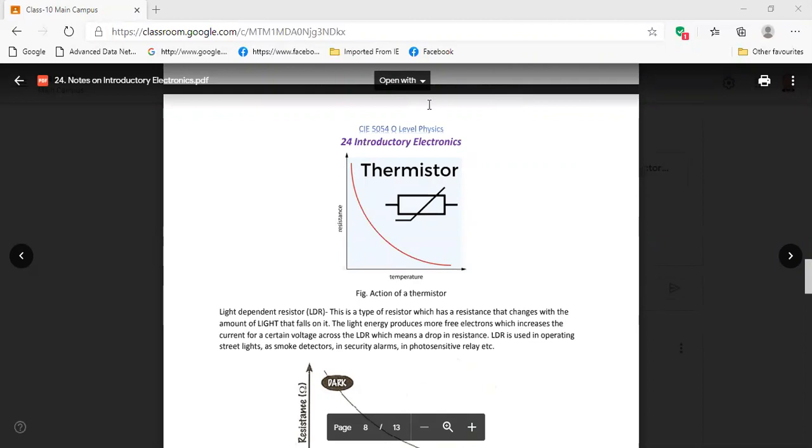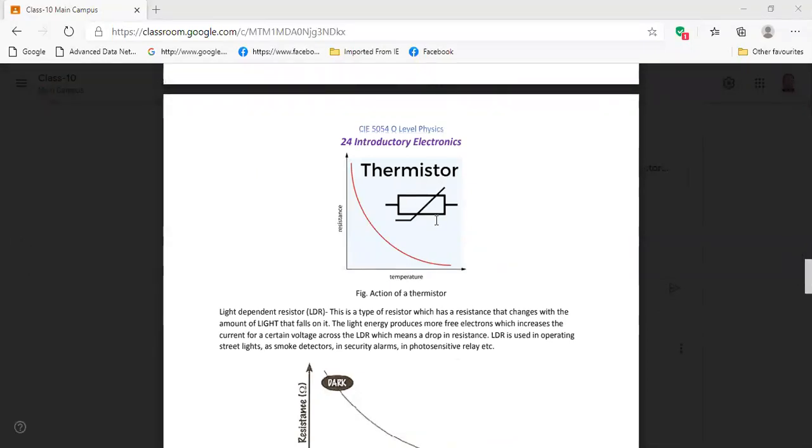For everyone, now I am asking you: if the temperature is decreasing, then what will happen to current in the thermistor? Can anyone answer, please? Sir, can you do the question again? Yeah, my question is, if temperature is decreasing, then what will happen to current in the thermistor?